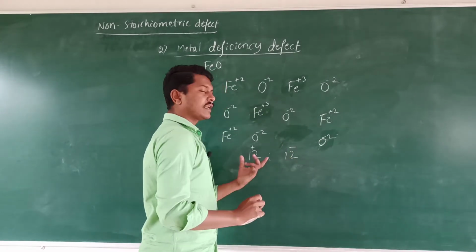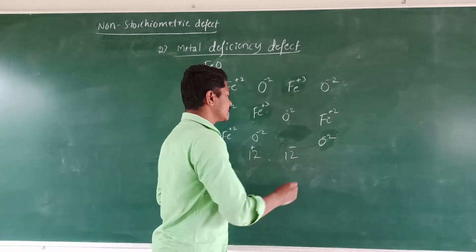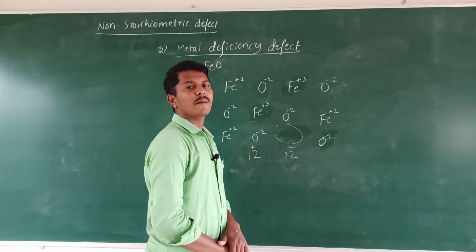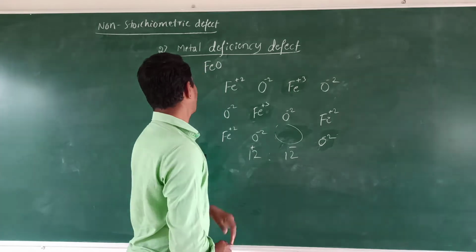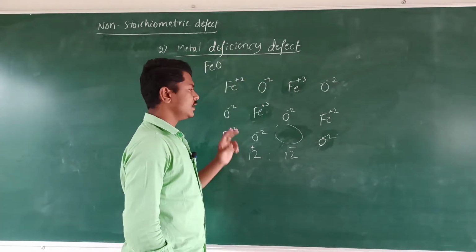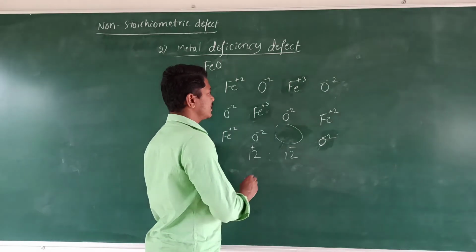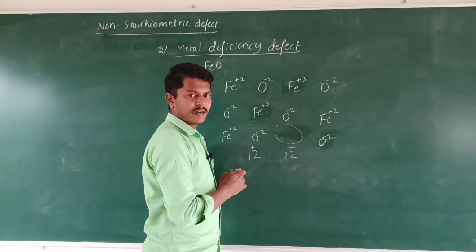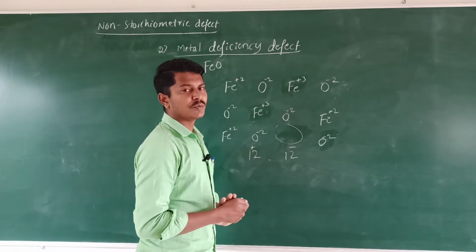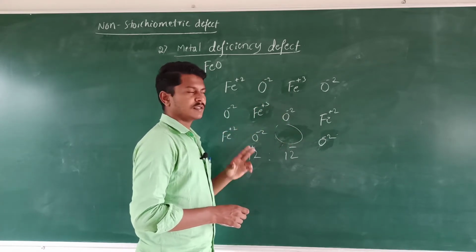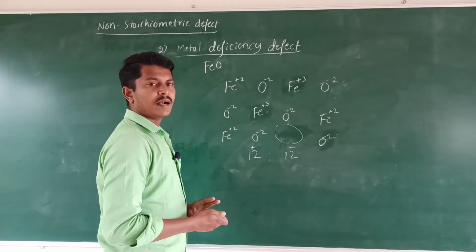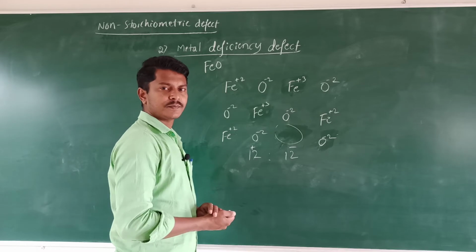Even though electrical neutrality is maintained, some of the sites are missing. That's why this type of defect is known as metal deficiency defect. Even though electrical neutrality is maintained, some of the positive ions are missing. Such type of defect is called metal deficiency defect. Got it?